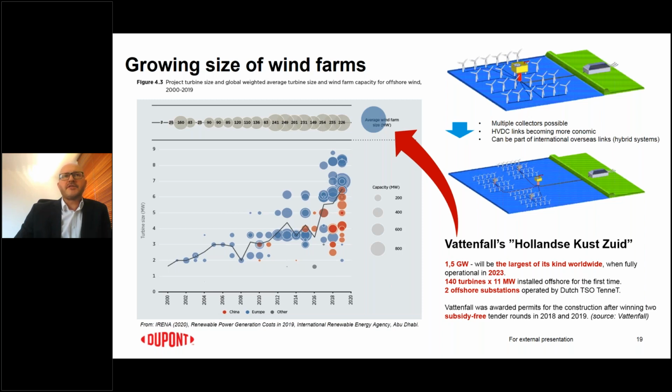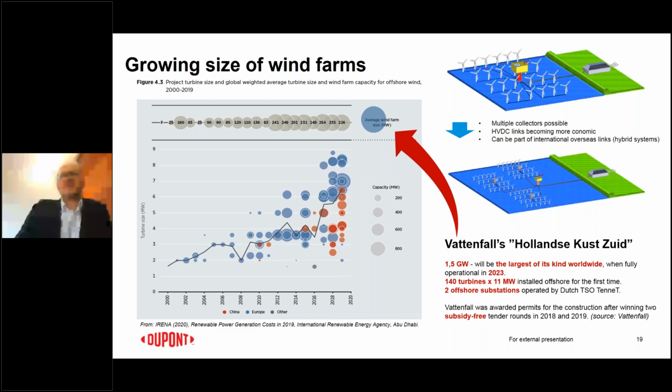So I proposed the new bubble on the chart, which really shows the further growing size of the wind farms and the growing size of the turbines, because that would be 11 megawatt turbines, 140 units installed in this wind farm. It really confirms the trend of using the biggest available turbines for offshore installations.